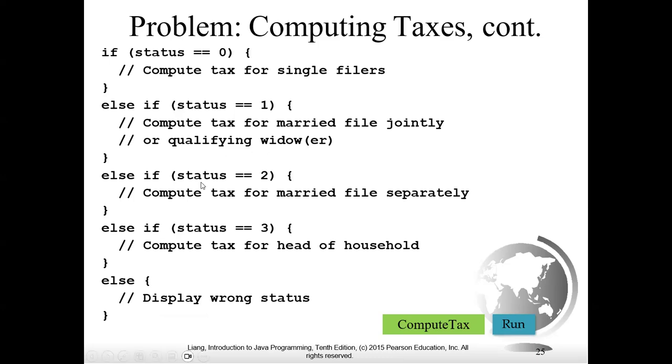The status equal to 2 stands for married filing separately. And status 3 means that we should compute the tax for the head of the household. And there is an else pathway at the end, which means we should display the wrong status input.